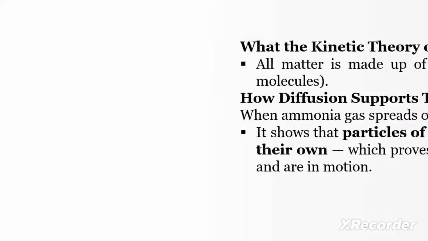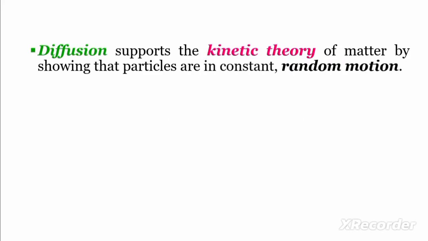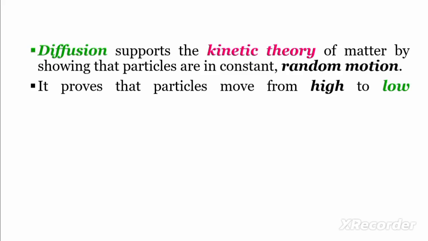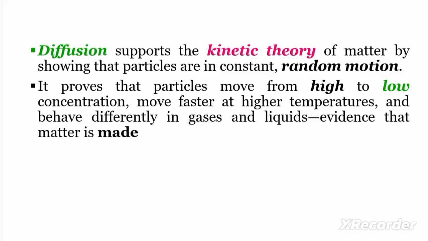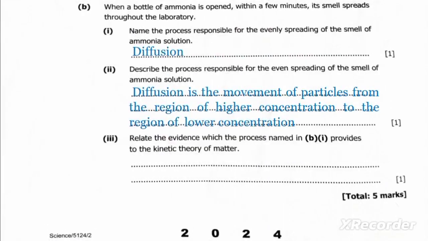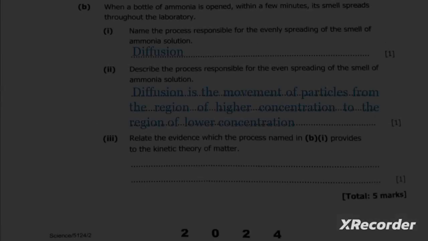So we have seen that diffusion supports the kinetic theory of matter by showing that particles are in constant random motion. It proves that particles move from higher to lower concentration, move faster at higher temperature, and behave differently in gases and liquids. It is evidence that matter is made up of tiny, moving particles.